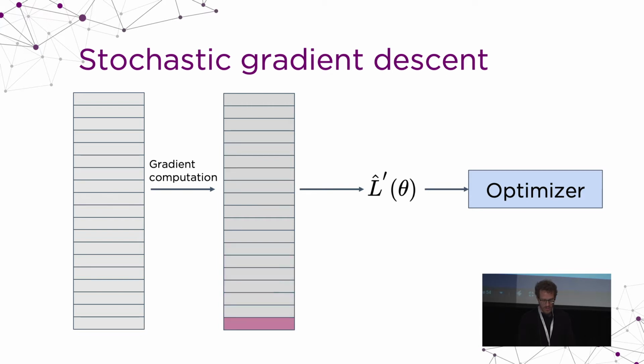So the model will be more sensitive to this example because this mini batch has only size 1 compared to size 6 here.